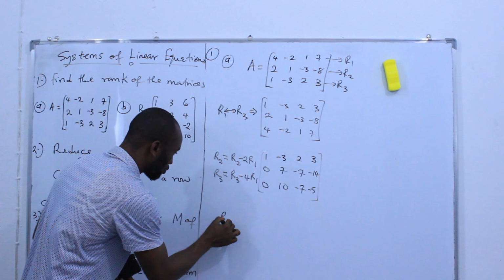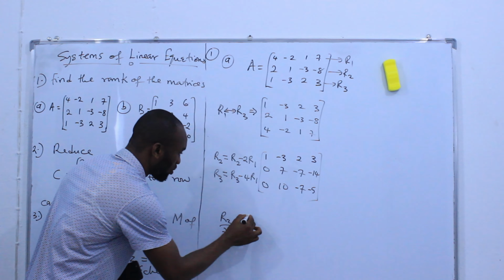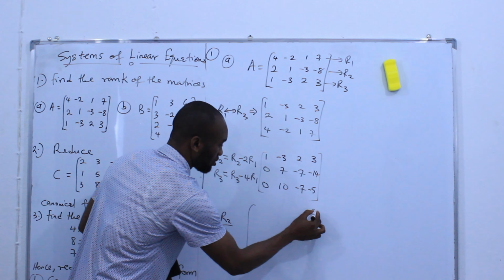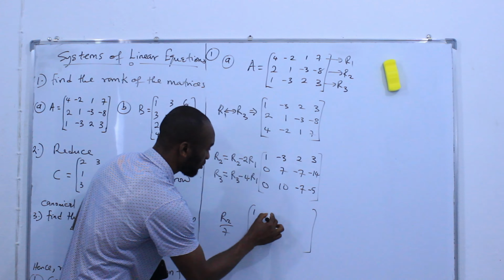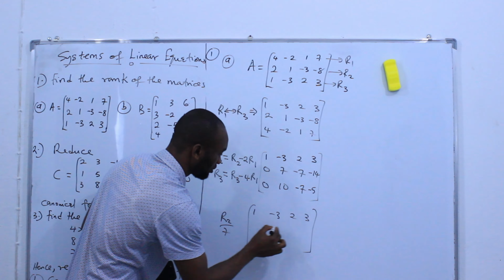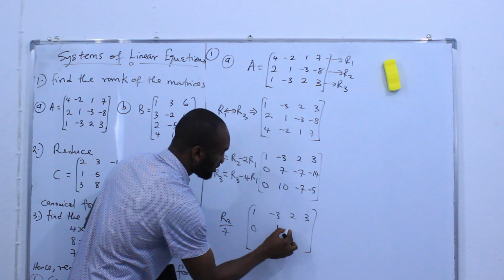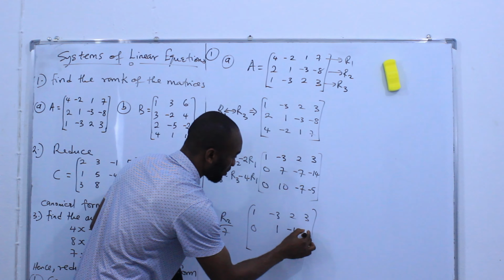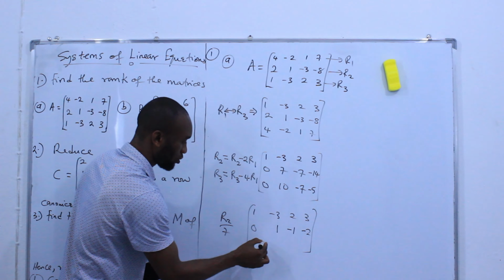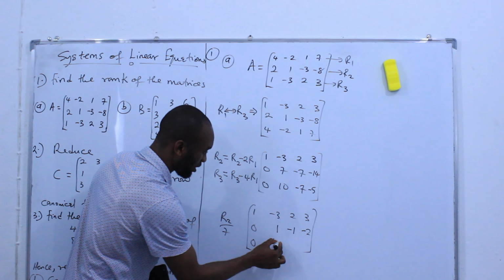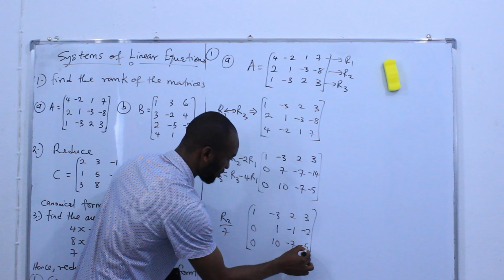That gives us 0, 1, minus 1, minus 2. Then we have 0, 10, minus 7, minus 5.